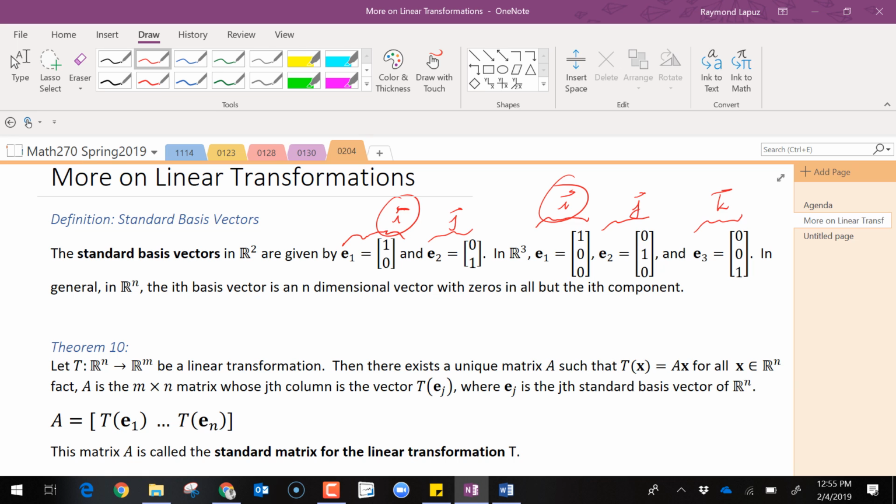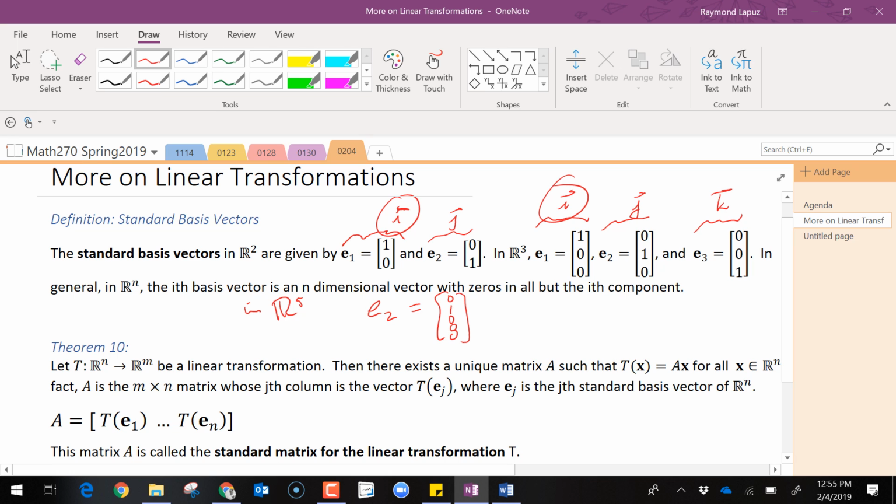So in general, the ith basis vector will just be zeros everywhere except for the ith component. So for example, in R5, we can say E sub 2 is going to be the vector 0, 1, 0, 0, 0. Is that 5? 1, 2, 3, 4, 5.